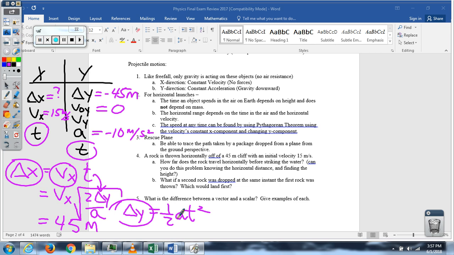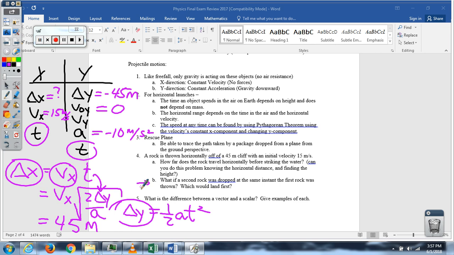Alright, vectors. Oh, let me address part B first. If you have a second rock that's dropped the same instant that the first rock was thrown, as long as it is horizontally launched, then their y motions are identical. Their horizontal motions are different because the rock that's being dropped has no horizontal motion.